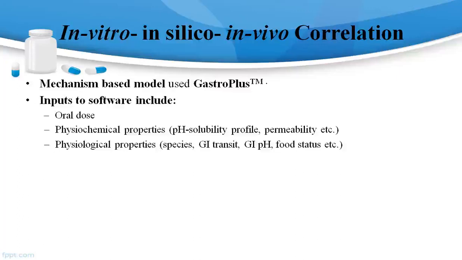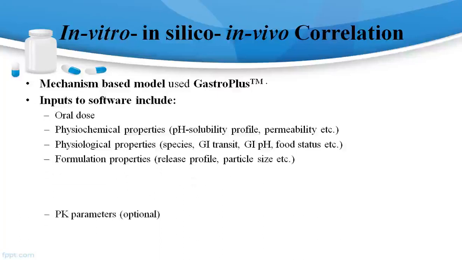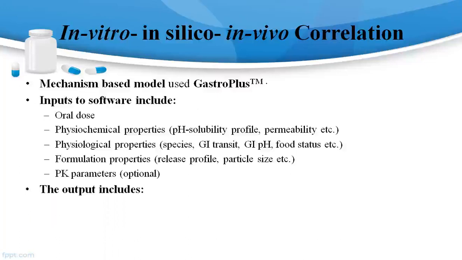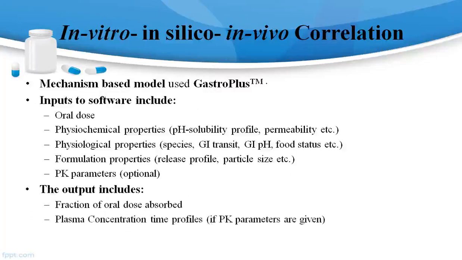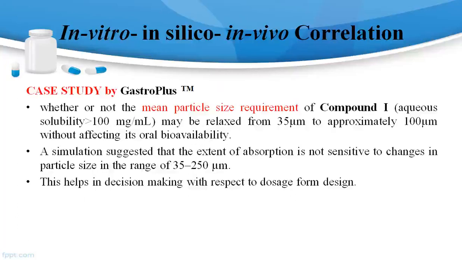Under this, species, GIT transit, GI pH, food status, etc. are considered, as well as formulation properties like release profile, particle size, etc. Next are the pharmacokinetic parameters that are optimal. Next, the output of the software includes, first, the fraction of oral dose absorbed. Next is the plasma concentration-time profile, if pharmacokinetic parameters are suitable.